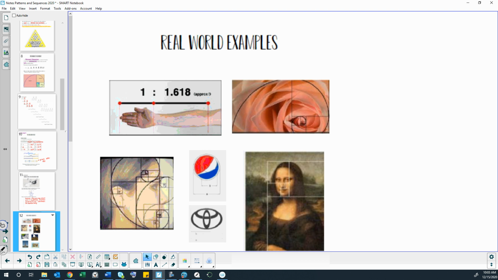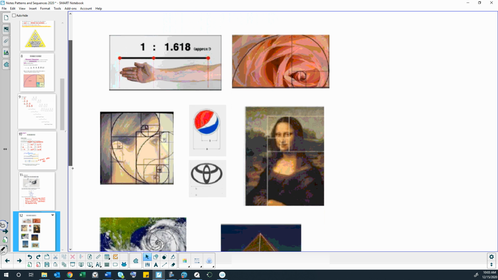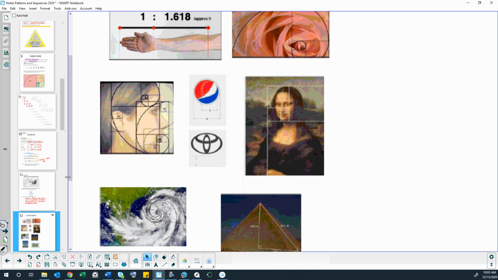You've got spirals in things that grow naturally, and the rectangles you make related to those spirals are golden rectangles with the golden ratio. Lots of logos are designed with the proportions of the golden ratio. Storms can form in spirals that have those same proportions. We've got art.